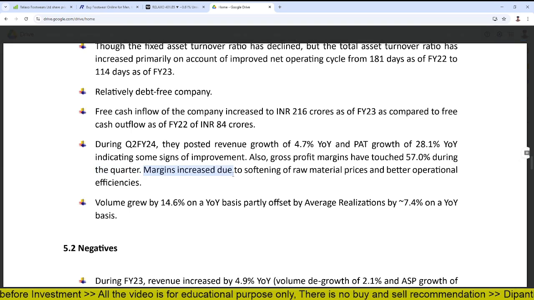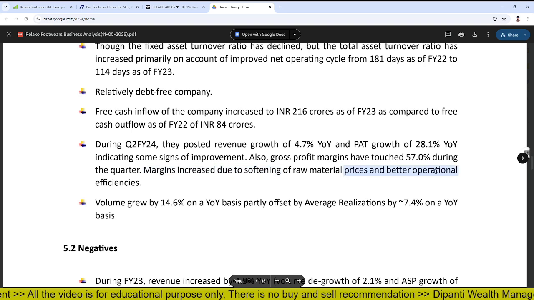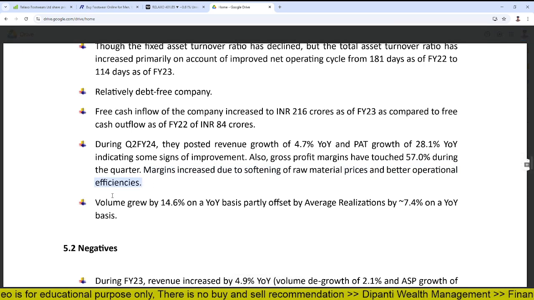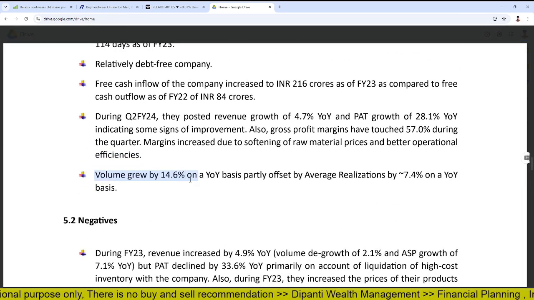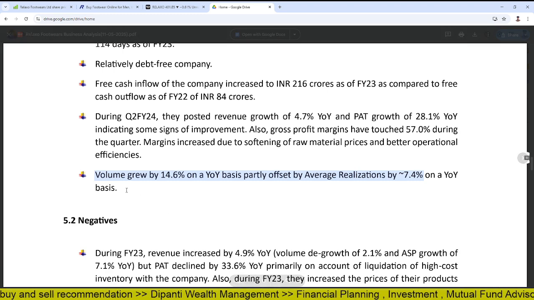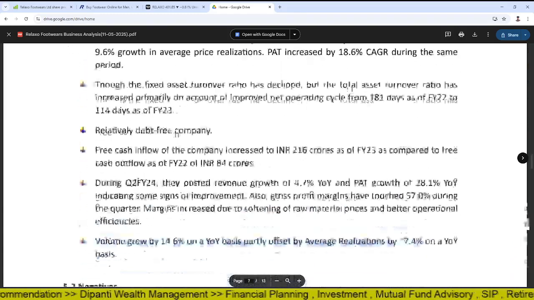Margin increased due to softening of raw material price and better operational efficiencies. Next positive point is volume grew 14.6% on a year-on-year basis, partly offset by a decline in average realization of 7.4% on a year-on-year basis. So these are the positive financial points.